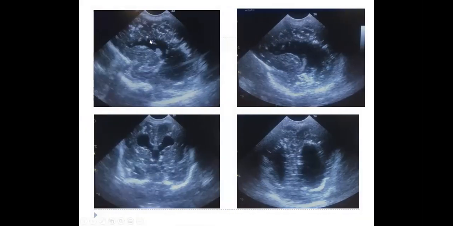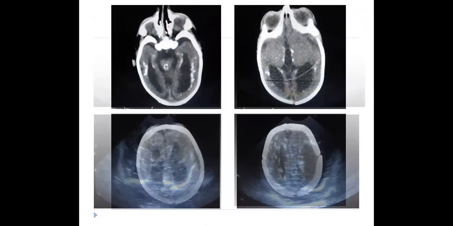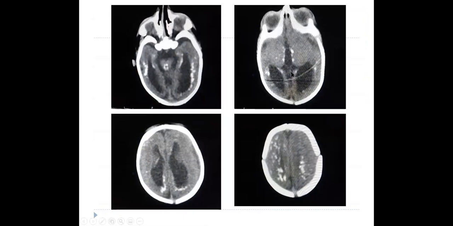This is the cranial ultrasound, and you can see a lot of periventricular calcification and a lot of intraparenchymal calcification. In the cranial tomography, you can see a lot of parenchymal calcification, periventricular calcification, and periaqueductal calcification too.